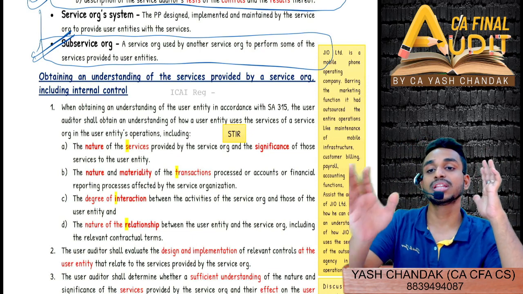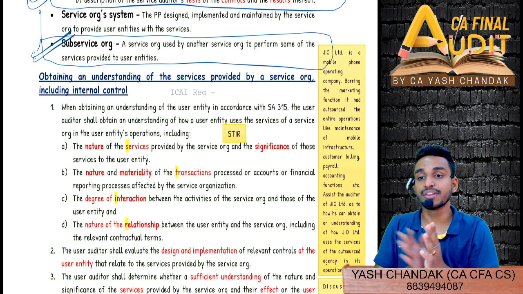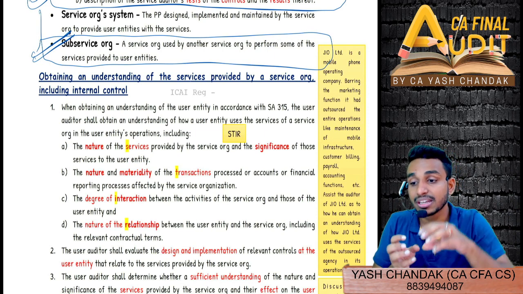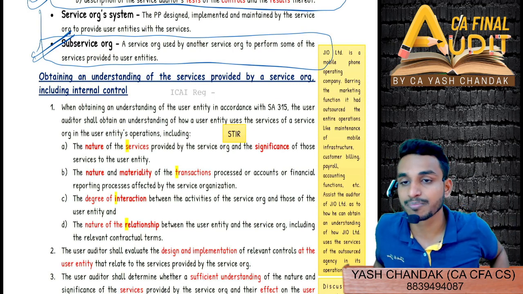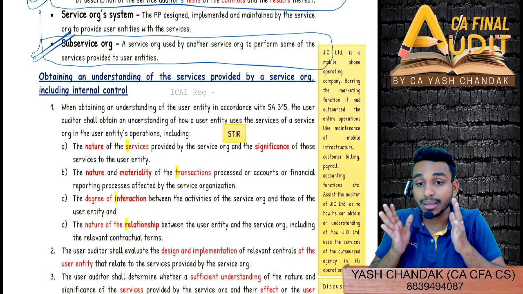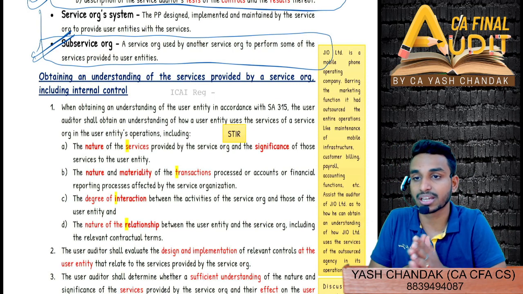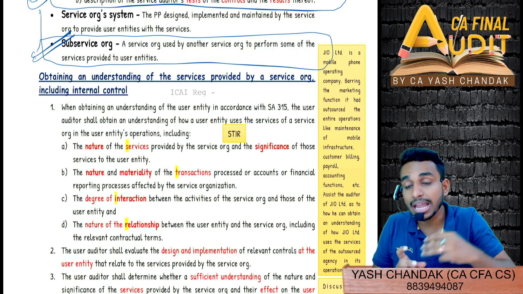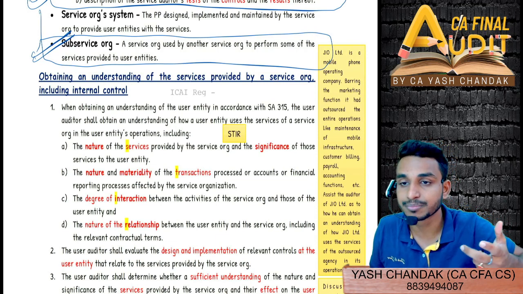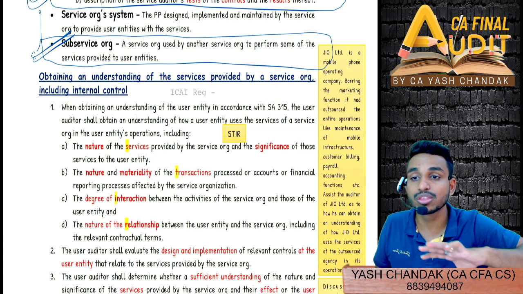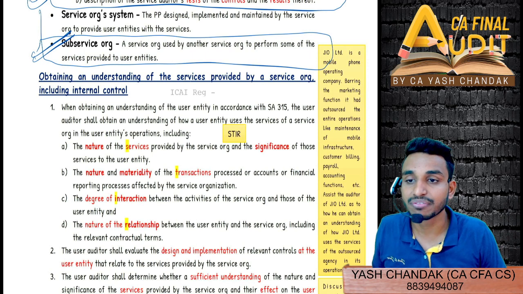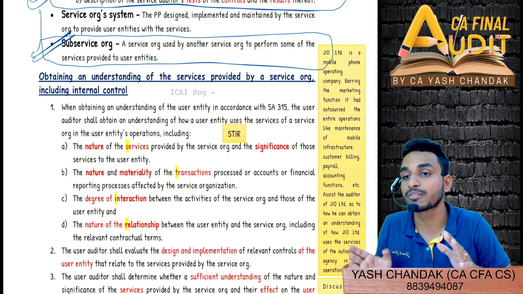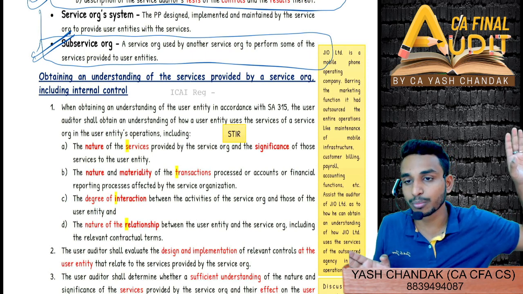Like I told you, in SA 315 and SA 330, in SA 315 you check how many controls are there, whether they are adequate to mitigate the risk. Controls are there or not, that is control existence you can check. But are they properly implemented and operating effectively? That means there is no gap in the control, no failure, all controls are passed. After that, we perform test of control under SA 330, further audit procedures, compliance procedures, test of control.